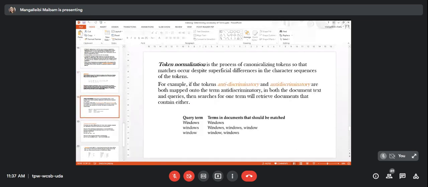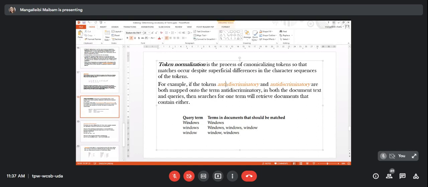And token normalization, we have seen this also yesterday. Here we are going to map the different forms of the same word. For example, the hyphenated word anti-discriminatory and its variant will be mapped, and our language identification will consider this as a single word.